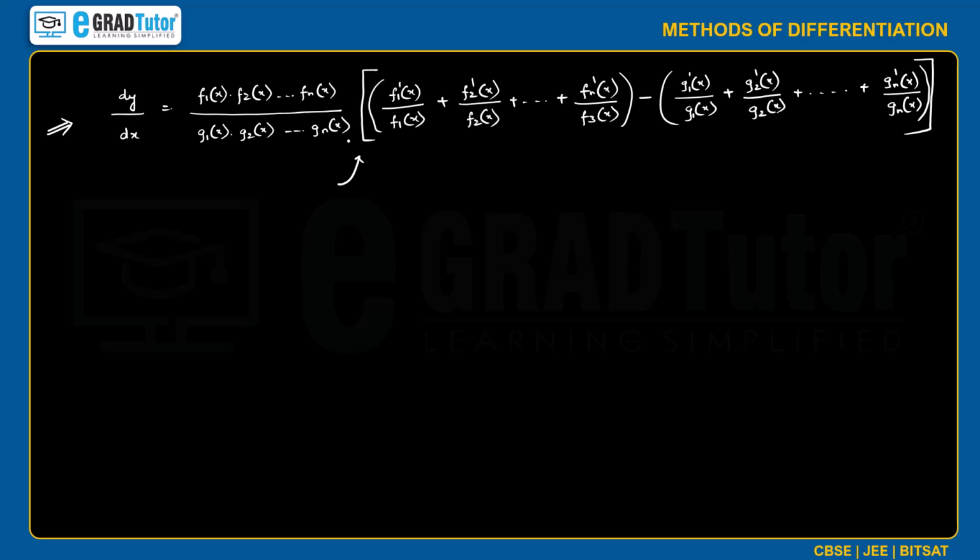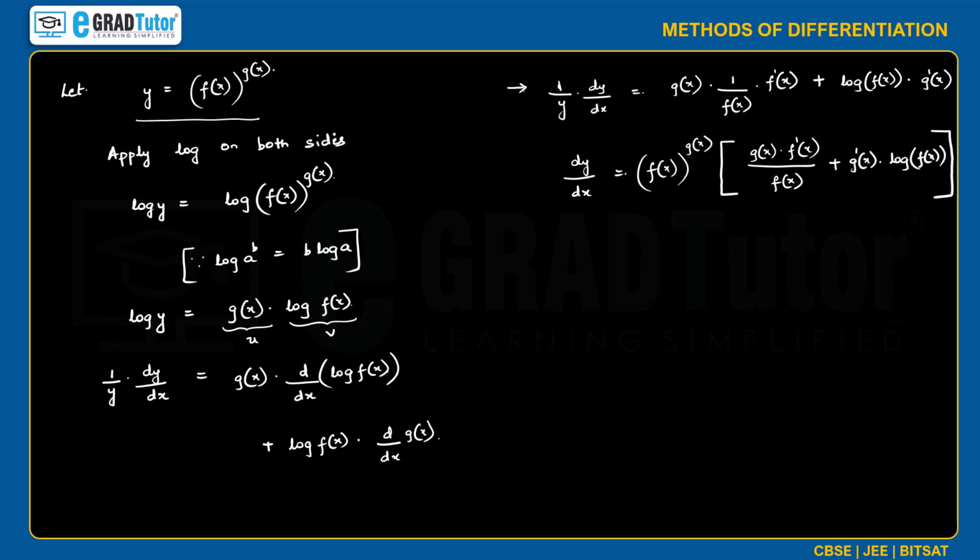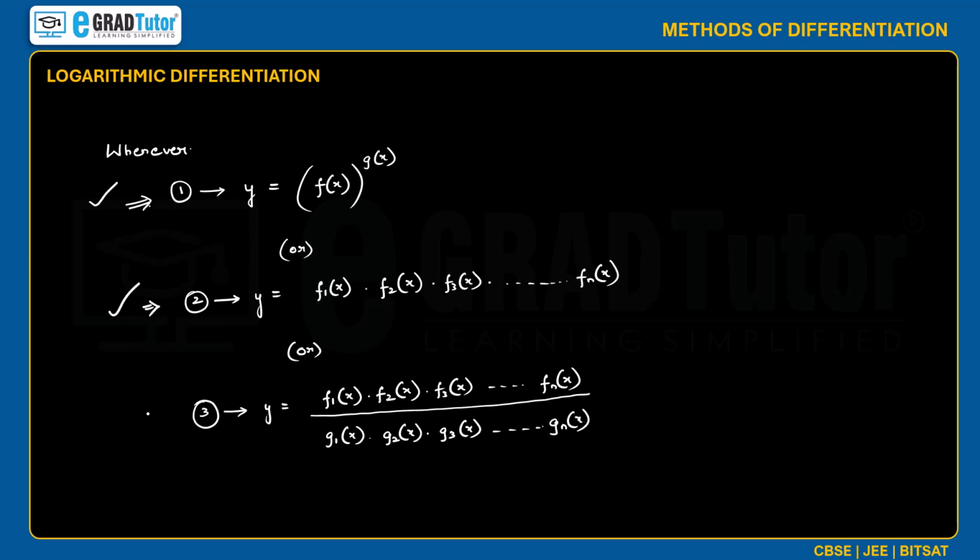We have now covered all three functional forms for logarithmic differentiation, and I tried explaining using an illustration for every functional form. I hope you will now be confident to take up a question and solve it using logarithmic differentiation.